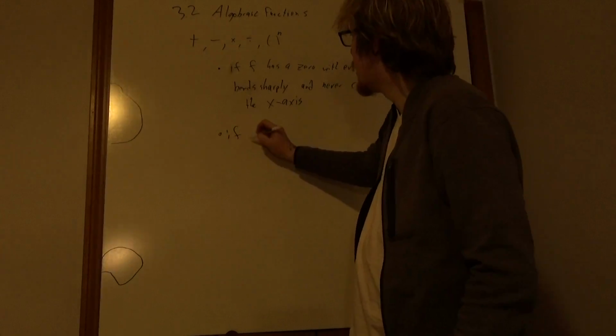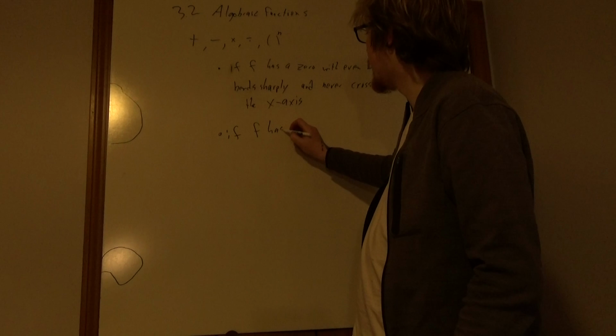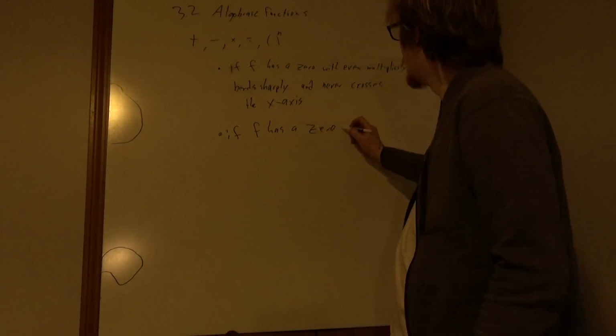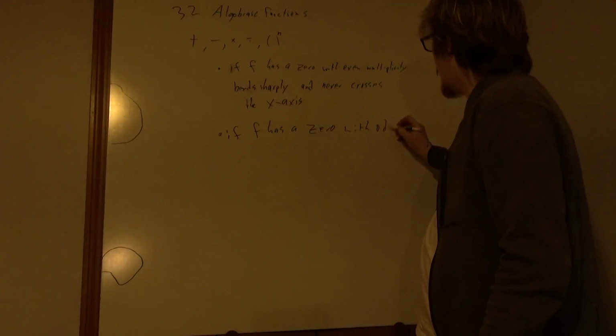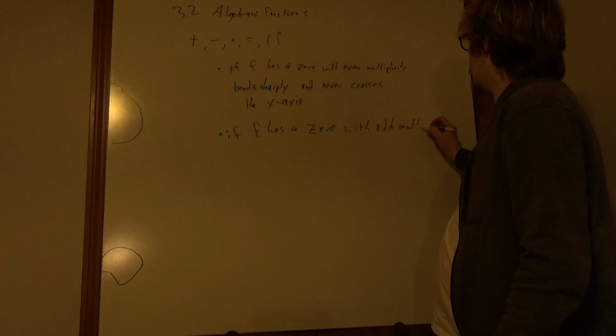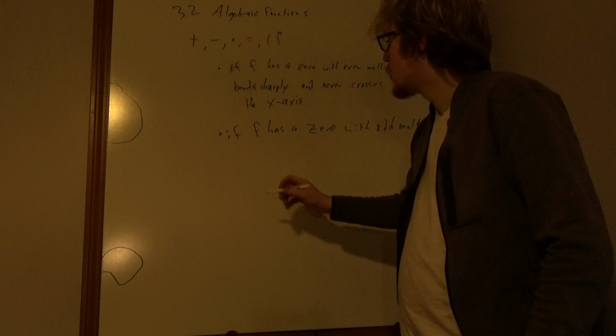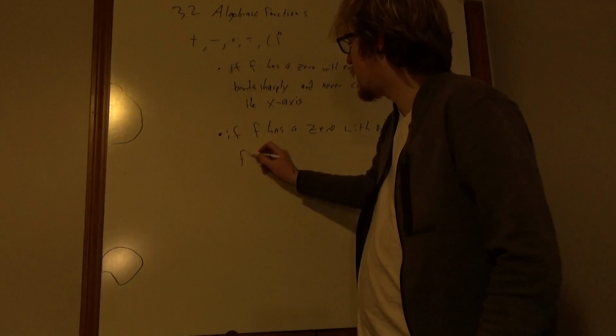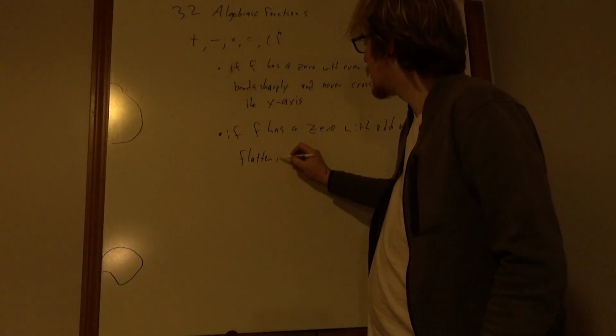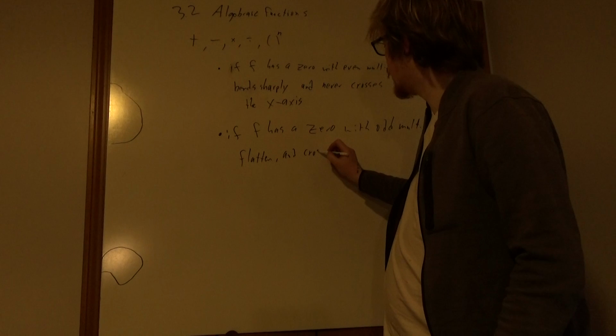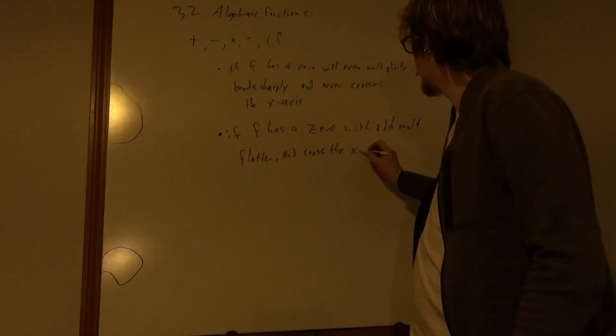But if f has a 0 with odd multiplicity, then it does something different. So this is going to flatten and cross the x-axis.